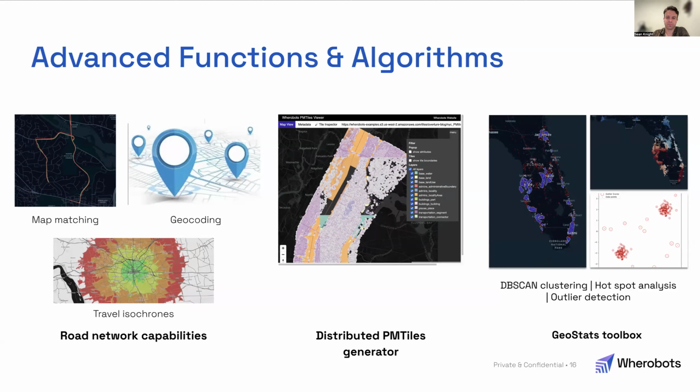Geocoding, running geocoding or reverse geocoding, and building and creating travel isochrones. There's also the ability to create distributed PMTiles, serving those into customer user-facing applications, and other advanced functions like geostatistics, with a geostats toolbox that gives you a lot of additional functions.